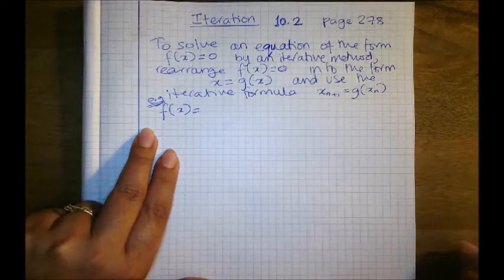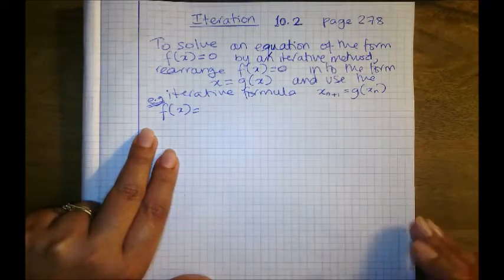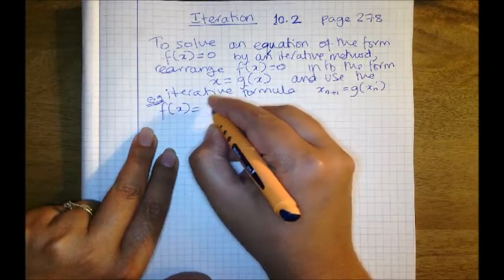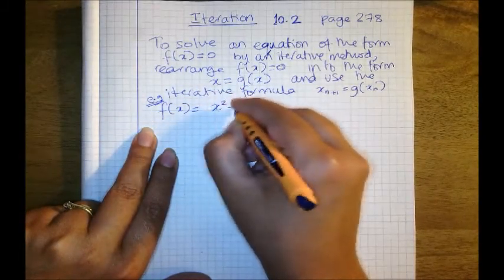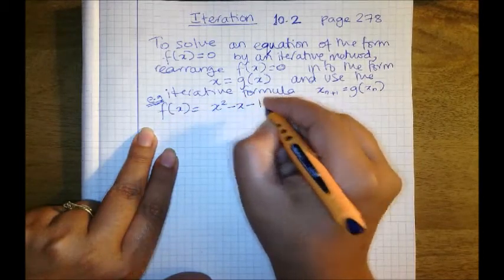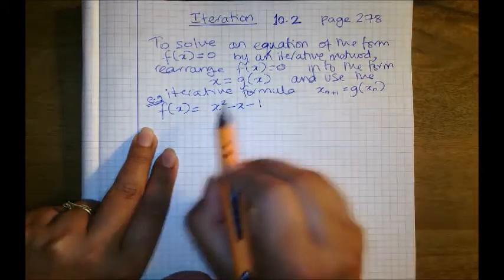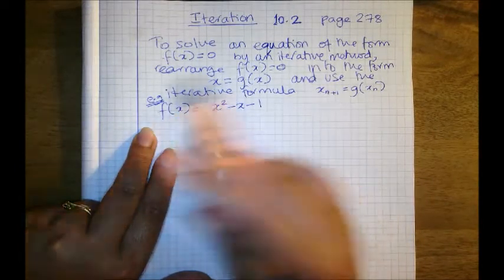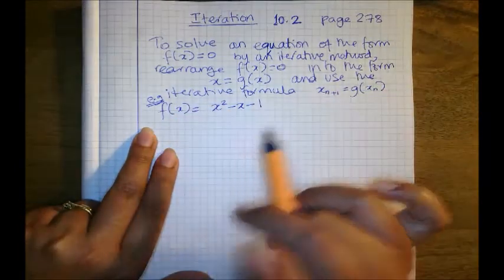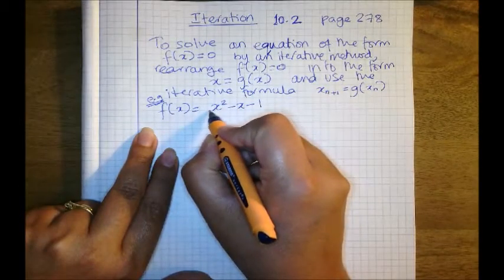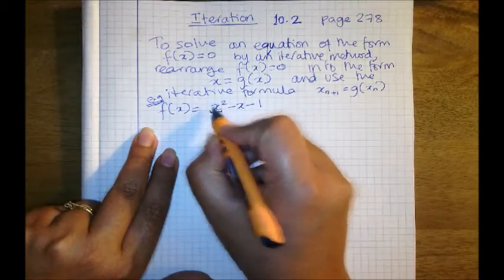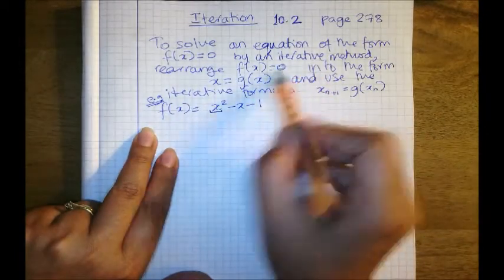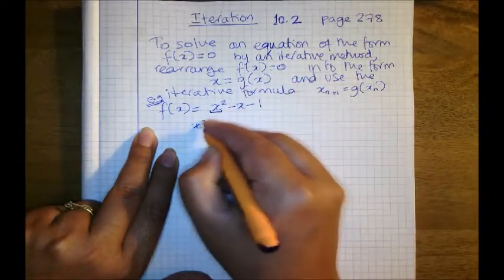And use the iterative formula, which looks a bit like this. What this means is that if I substitute a value, let's say x0, into the function, the answer would be x1. Then if I substitute x1 into this function, I'll get x2, and put x2 in and I'll get x3, and so on.